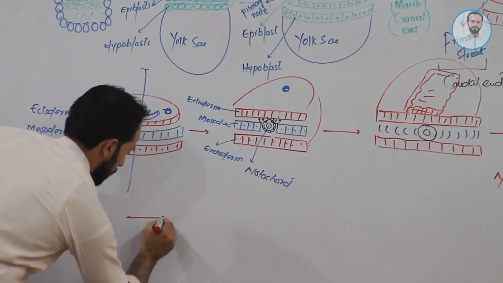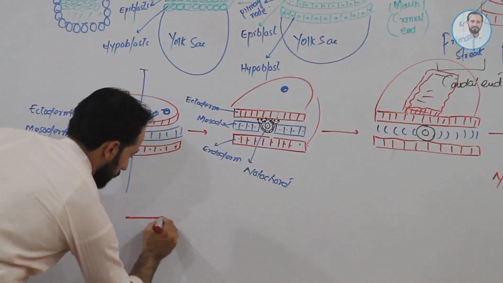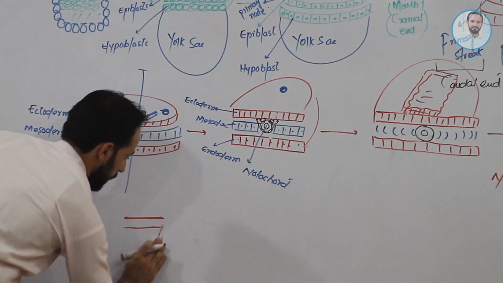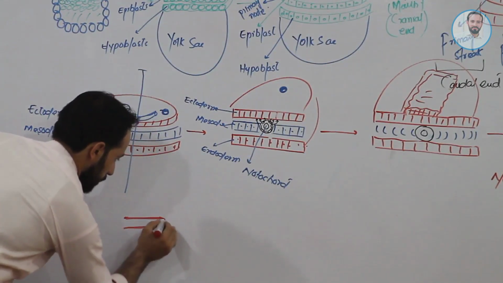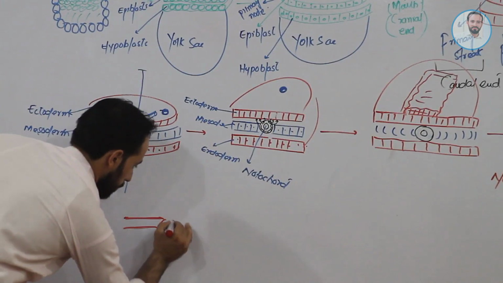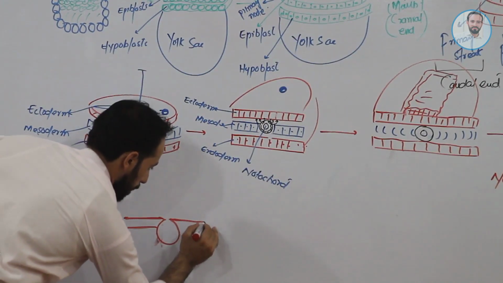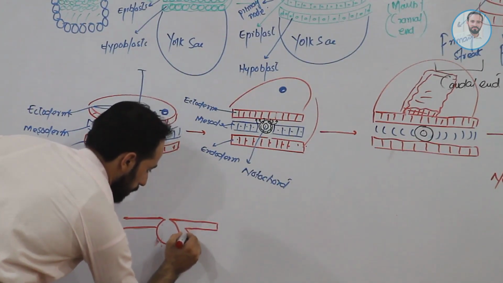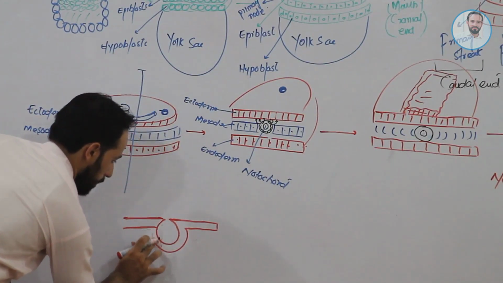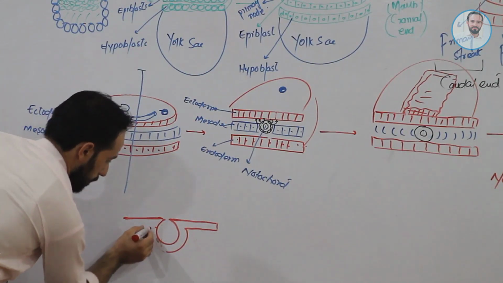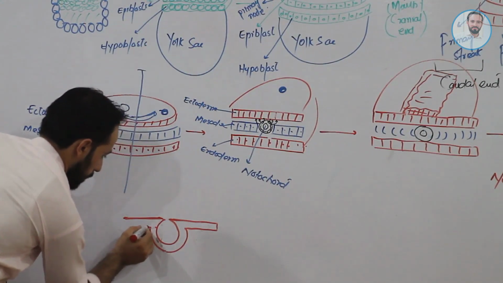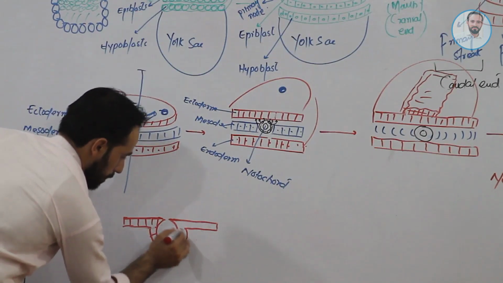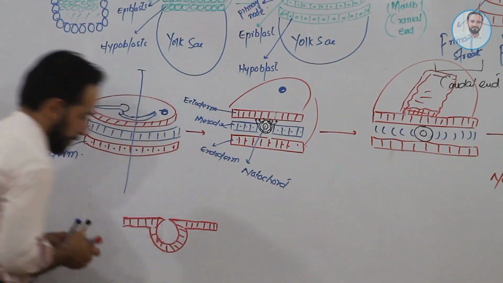Now, this is our ectoderm. It has become like this. Clear?